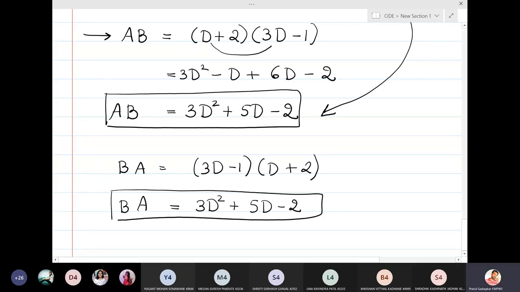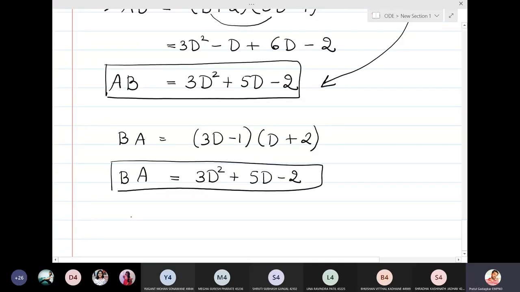So AB and BA are both the same here. So here AB is equal to BA.